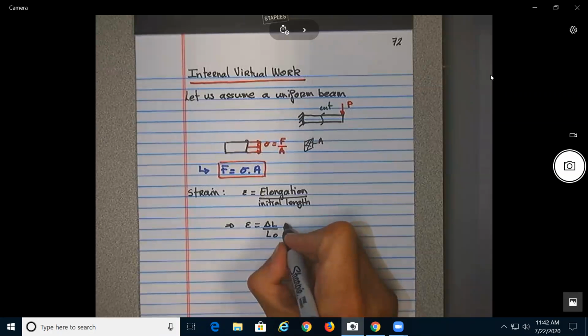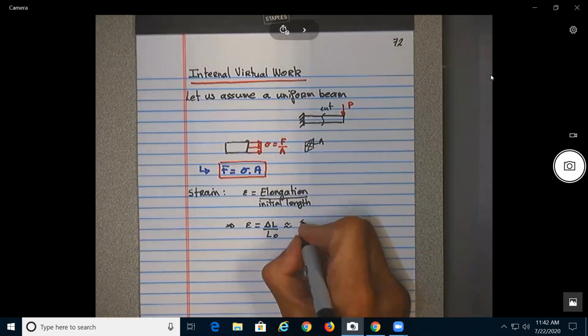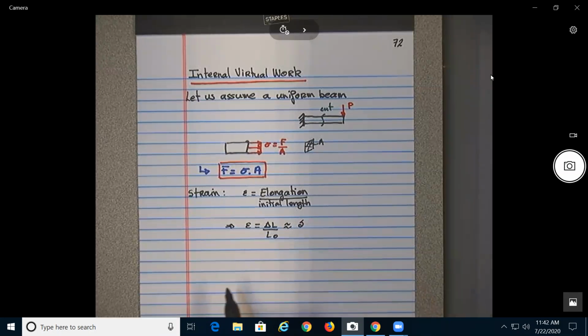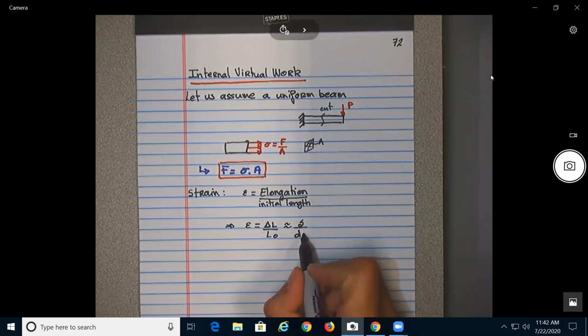Let's say this is proportional to the elongation, let me call it delta. The elongation will be our virtual deformation, okay? And the initial length will be the width of our element, ds.